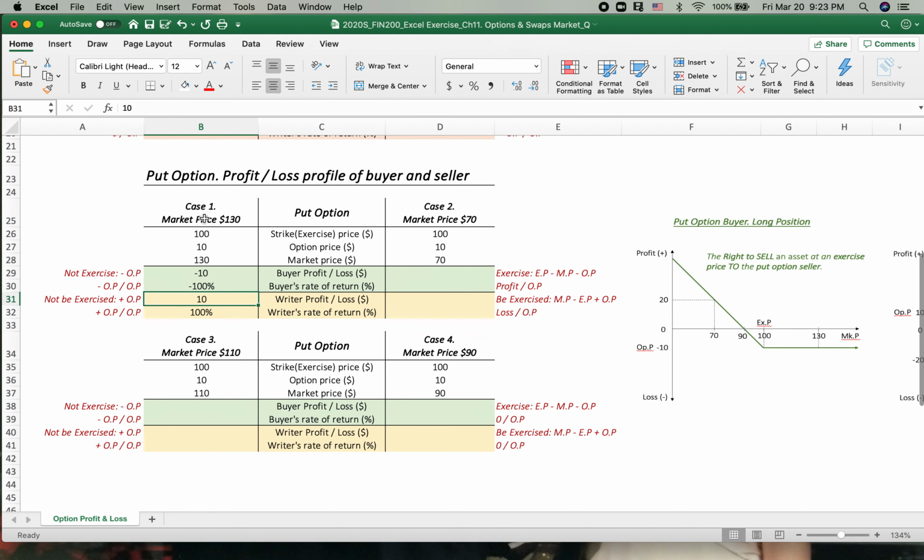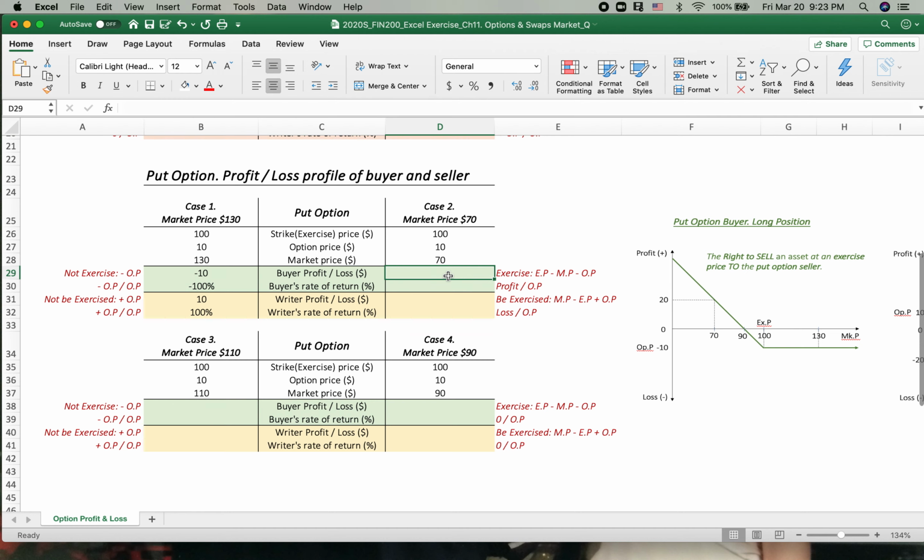Because the put option buyer will not exercise, the put option writer just retains the $10 option premium. So that's $10 profit on $10 investment. So 100%.